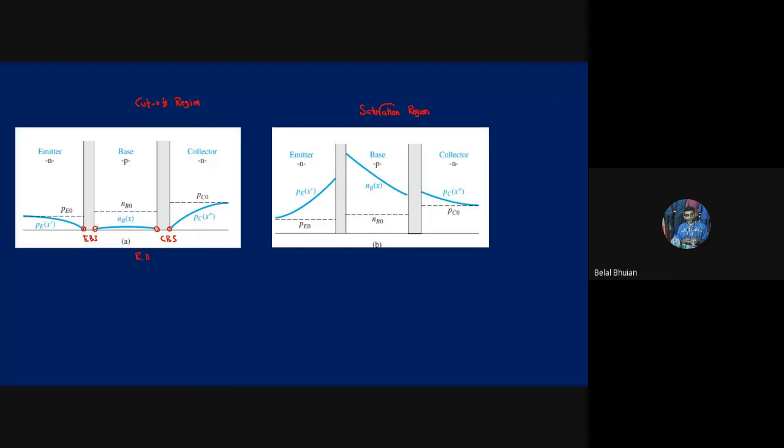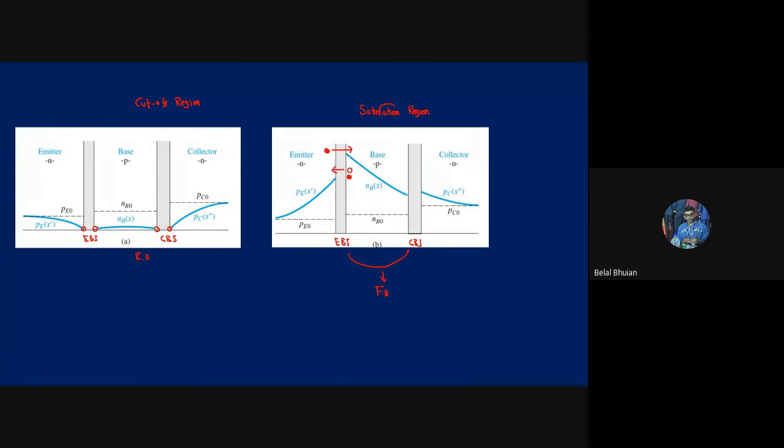In saturation region, we know that EBJ and CBJ, both of them are forward biased. So let's explain the scenario. Since it is forward biased, we are injecting electrons from emitter to base. We're injecting holes, sorry, we're injecting holes from base to emitter in that emitter to base junction.